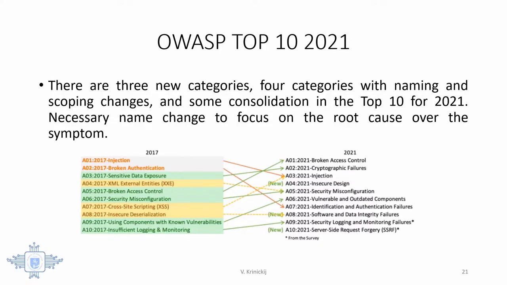So basically, connecting similar things and naming them with a significant abstraction gives the proper way of representing it today. Of course, number 1 is broken access control.